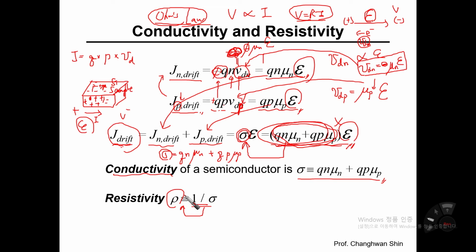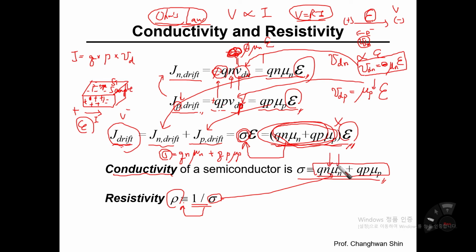However, if the resistivity of another material is super low, then we can claim that this is a metallic material. If the resistivity value is in between the insulating material and the metallic material, then that material is classified as a semiconductor. So in terms of resistivity, we can classify materials into three different ones. That resistivity is defined as 1 over sigma, and that sigma is written with this equation.